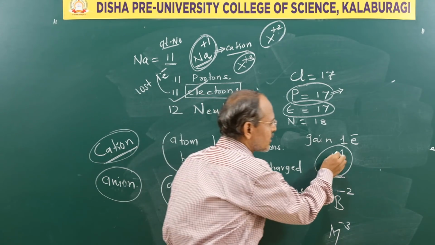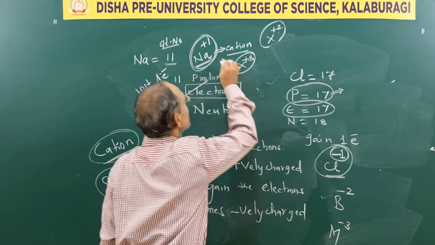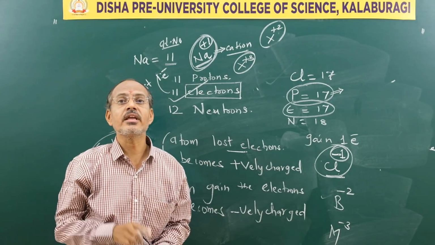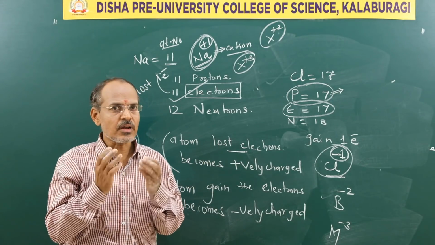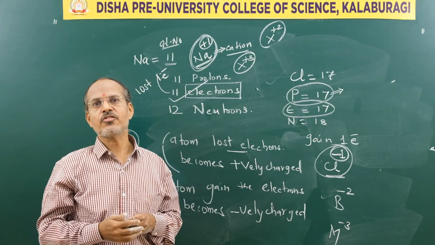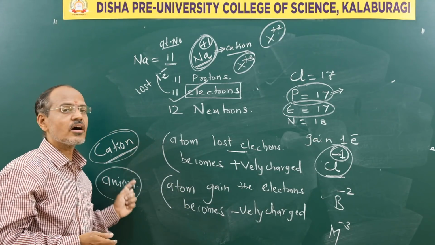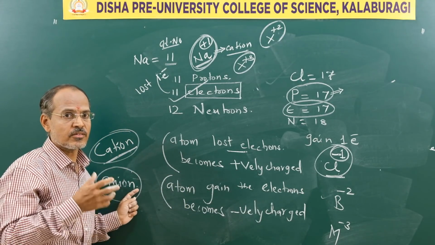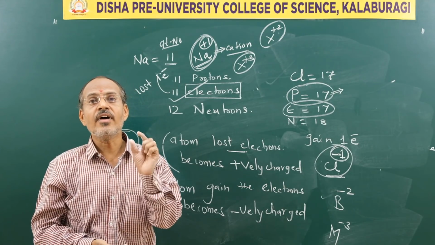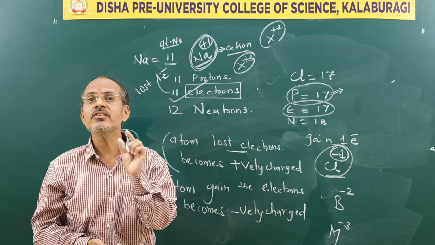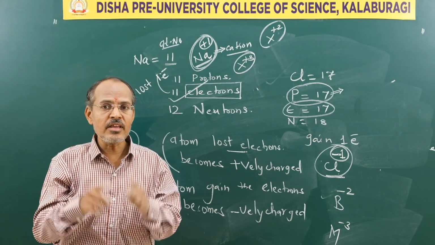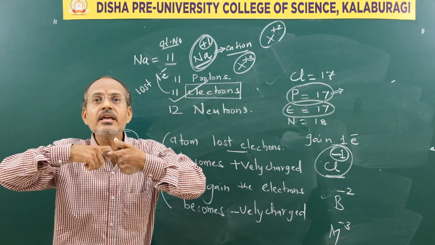And this number, plus 1 and minus 1, is the number of electrons which were involved during the bond formation, during the loss or gain of electrons. Then it is called valency or oxidation state. What is valency? Valency is nothing but combining capacity.